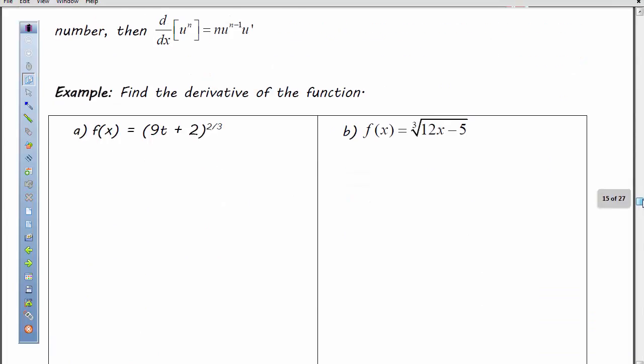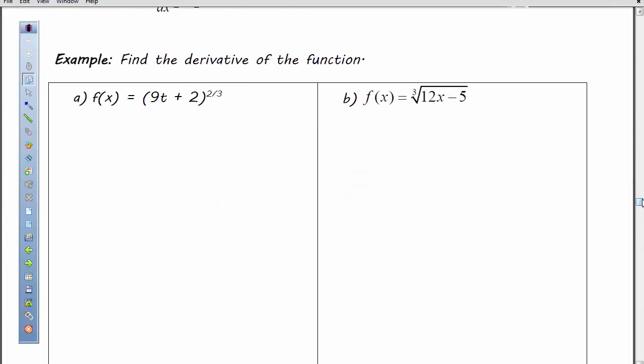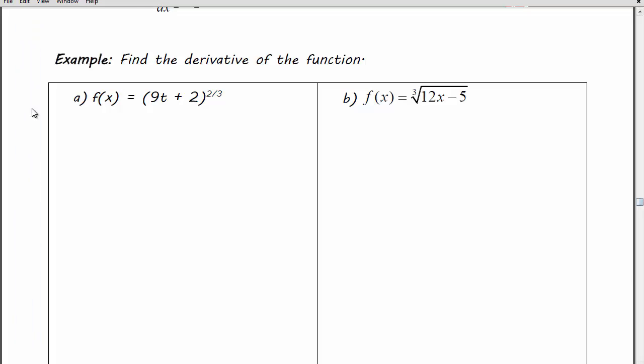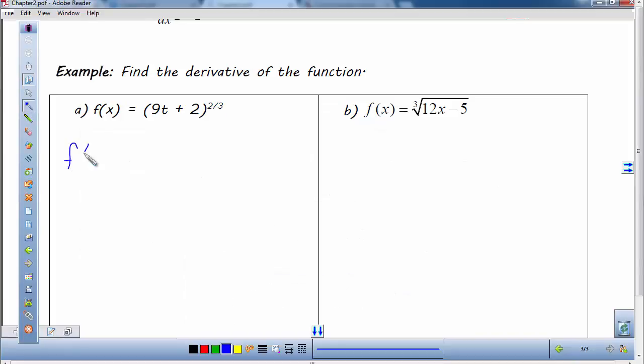Suppose I had f of x equals (9t plus 2) to the 2/3 power. Then f prime of x is going to equal, I'm going to bring the 2/3 out front.